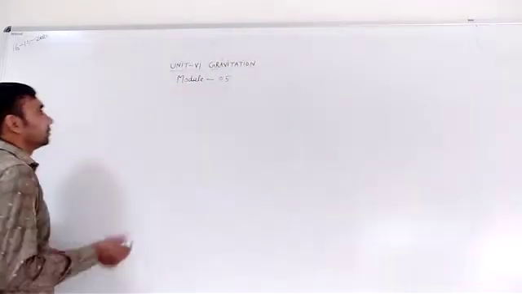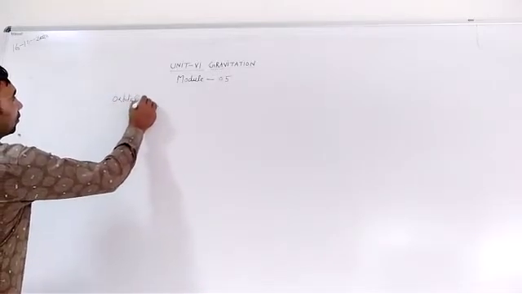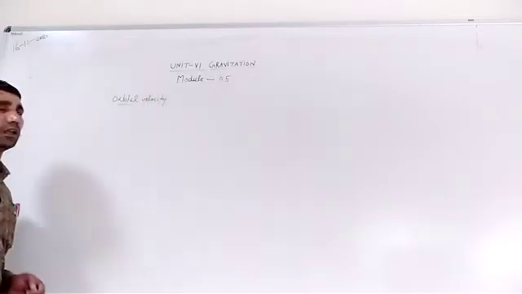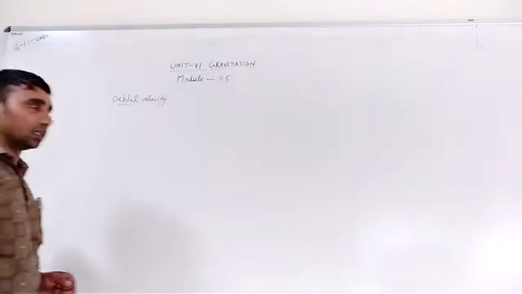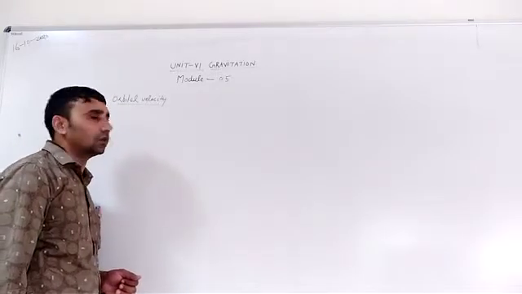The velocity required to put the satellite into a particular orbit is called orbital velocity.